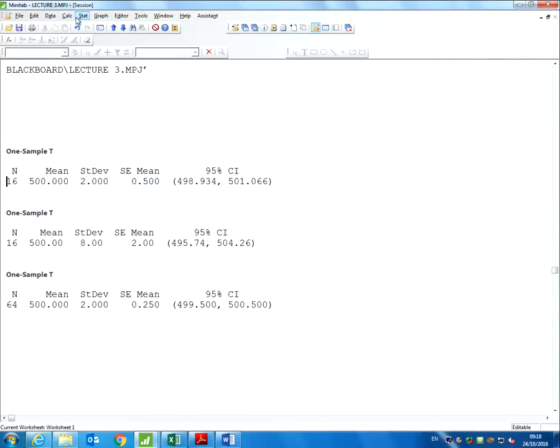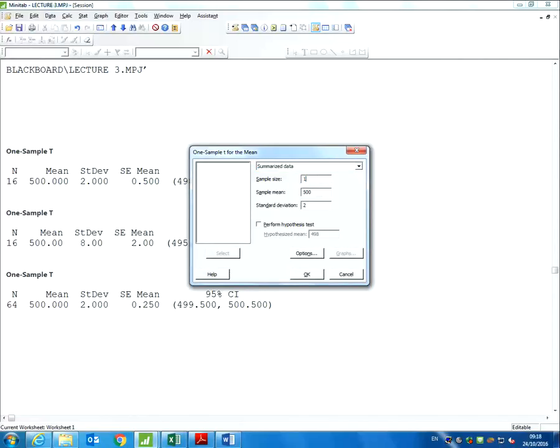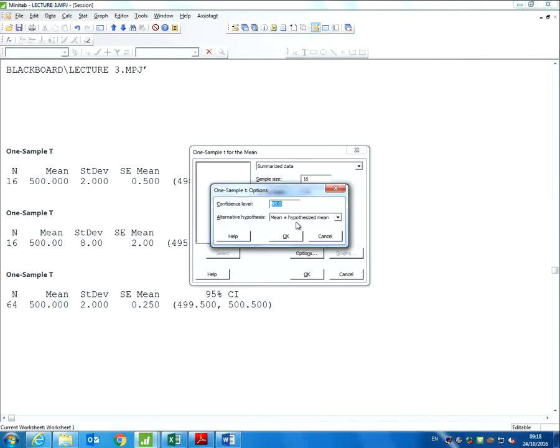What's the final thing that will affect precision? We've changed standard deviation, we've changed sample size. What's the third thing that will affect precision? The level of confidence. That was a 95% confidence interval. What if we're working to 99% confidence?